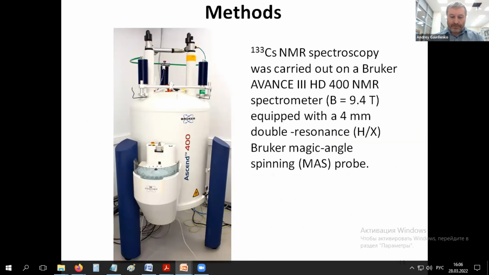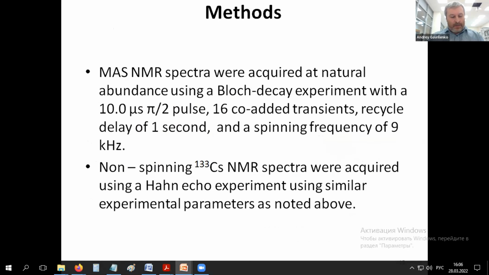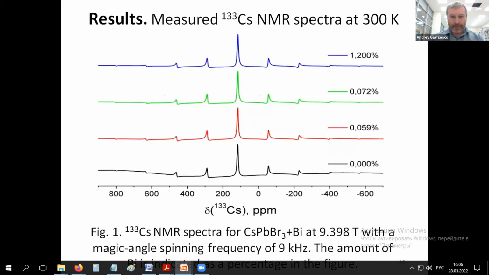This is the Bruker spectrometer. We used the MAS NMR method with these parameters, and the isotope cesium-133 has a relatively small quadrupole moment and low gyromagnetic ratio.